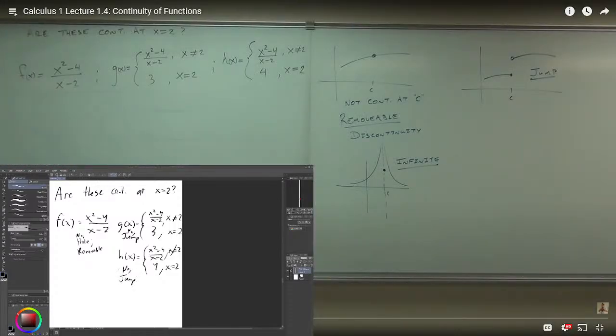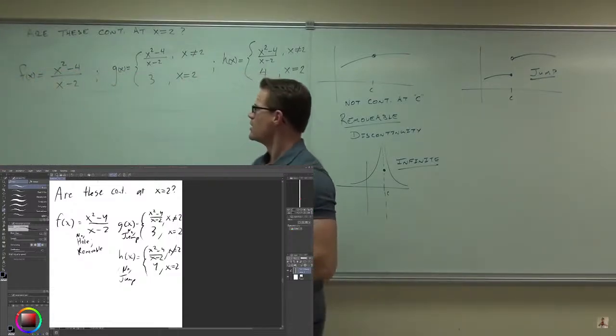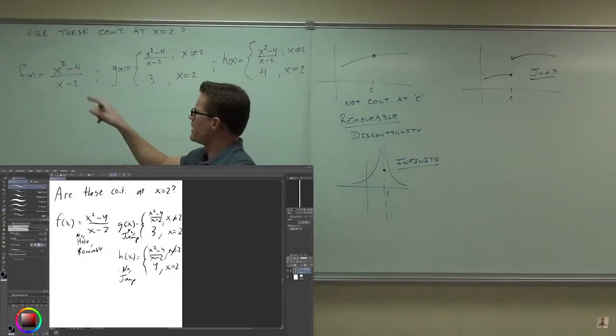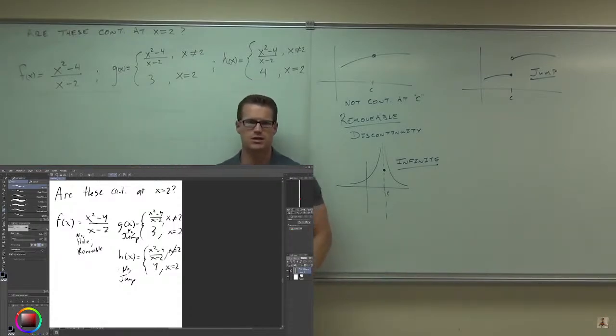Let's see. So first one, how about f of x? Is that continuous at x equals 2? Basically, is it defined at x equals 2 is what you would check first. Can you plug in 2 and get something out? So that would fail. This is not continuous.